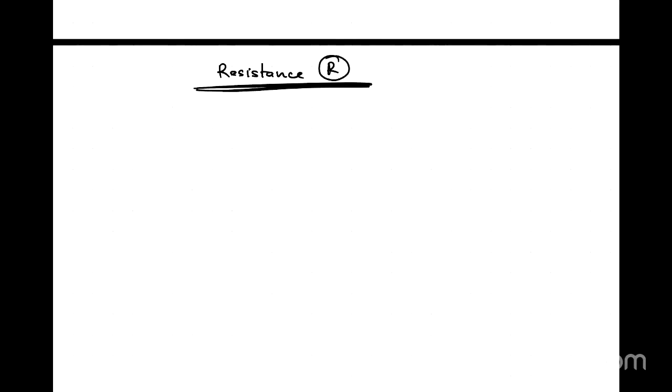So the general idea, or the simplest idea, is that resistance is a barrier for current, right? So it is going to be a barrier for current. And the next important thing you need to remember is if you are having a higher resistance, then the current will be low, right?